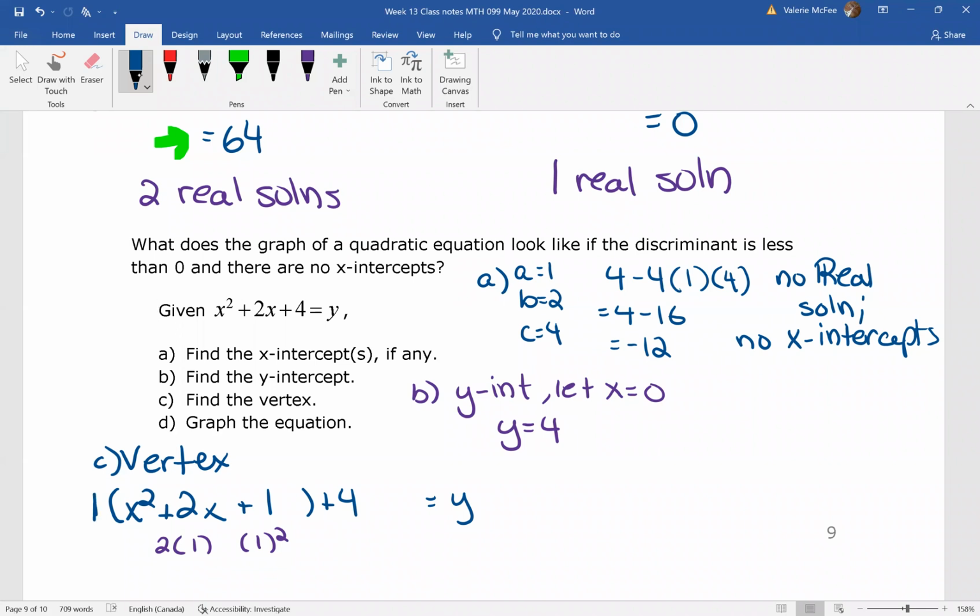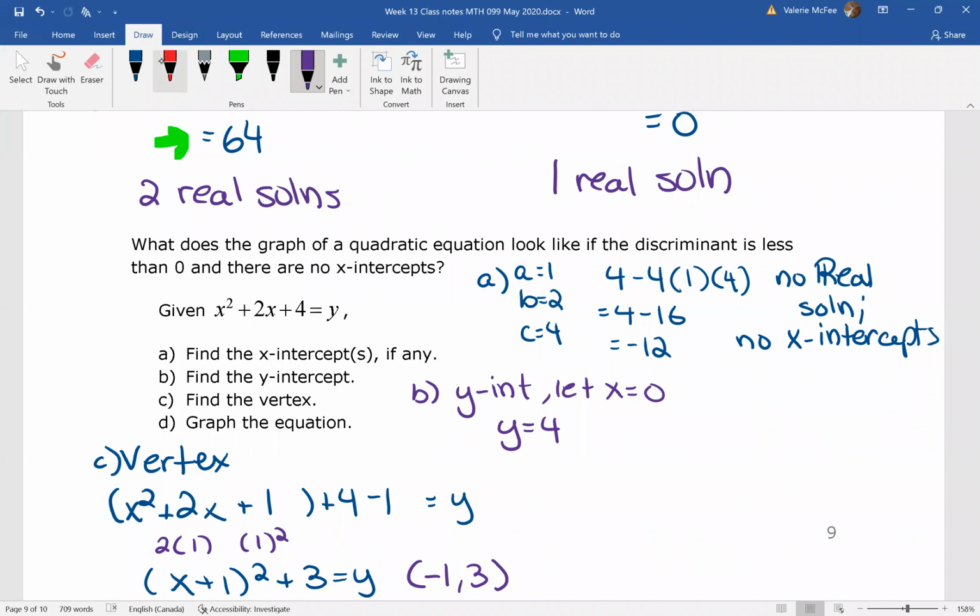We just have 1 here for a, so to balance the equation, we can subtract 1. We need to factor. X plus 1 all squared plus 3 equals y. And now I can see that my vertex, the opposite of the sign on h, the same as the sign on k.